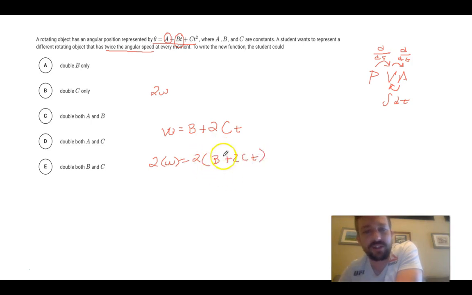And it looks like I would just double each one of the variables, yeah? I doubled b. This one, the 2 was already there, so I'm not going to quadruple c. I'm just doubling it because I'm multiplying it by this 2. So it looks like you're just going to double both b and c, and that will double the formula for velocity. There you go.